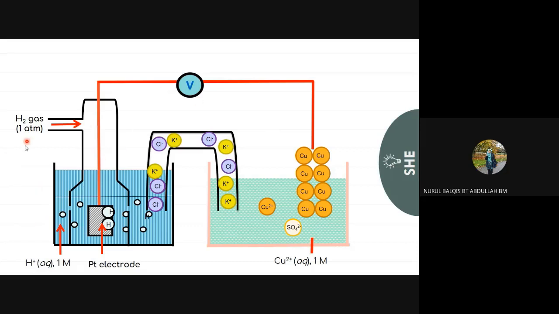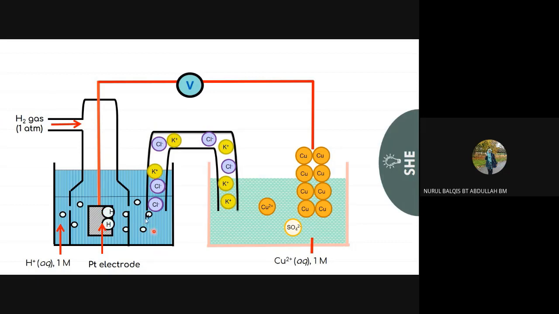Cara lukis dia macam ni. Kena ada this macam kita panggil this container. Tapi ada ruang kat sini sebab kita nak insert gas. Because we know this platinum won't do any reaction, right? Dia akan jadi perantara sahaja. Dia tolong sampaikan. Apa yang kita nak sampaikan? Kita nak sampaikan hydrogen gas. Masuk dalam ni, hydrogen gas sampai ke bawah ni.